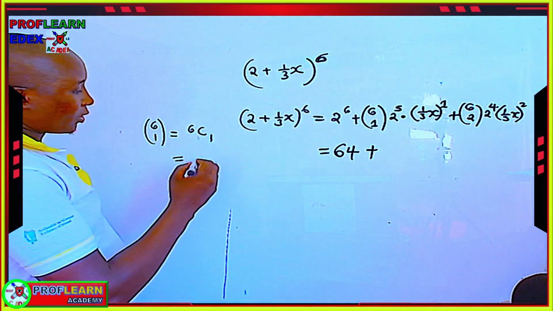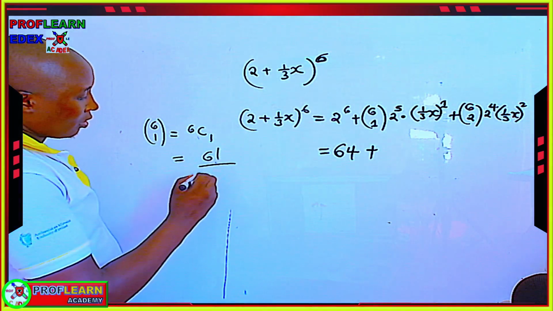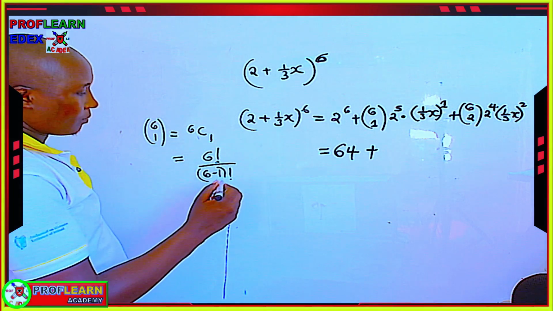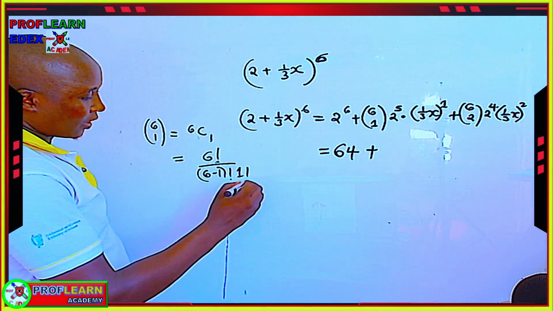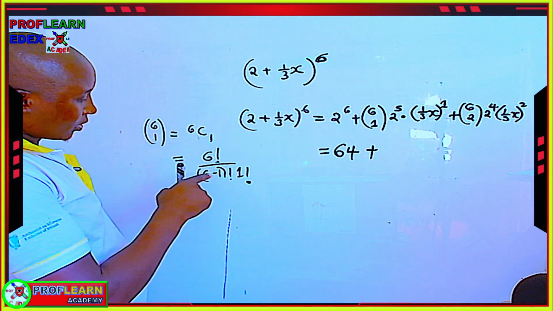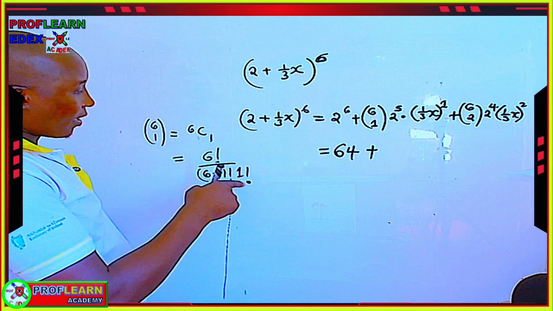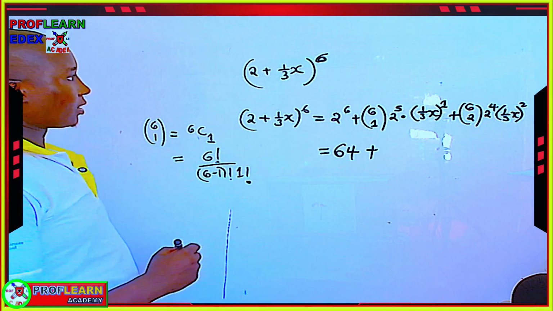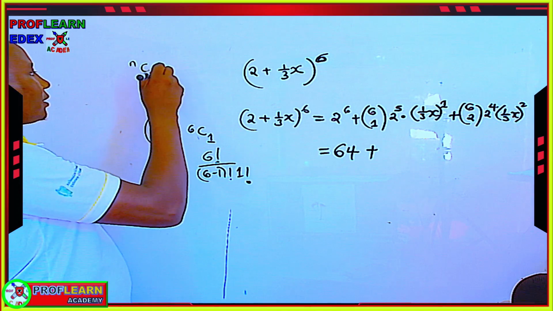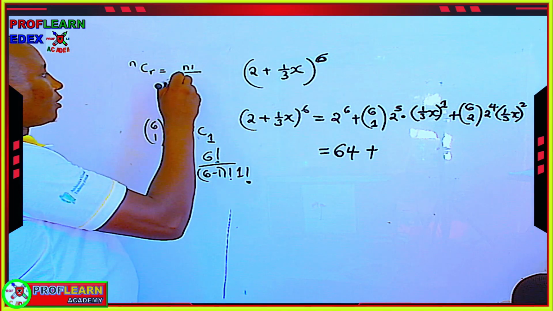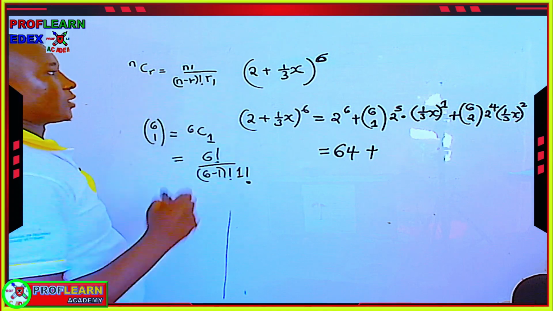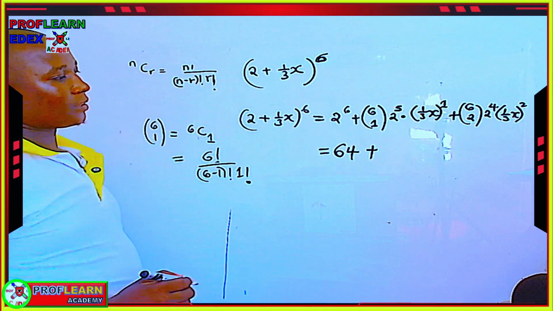However, this 6 combination 1 means 6 factorial over 6 minus 1 factorial, then 1 factorial. That is what it actually means, and that is from the formula nCr is the same as n factorial over n minus r factorial, then r factorial. Believe that is okay.